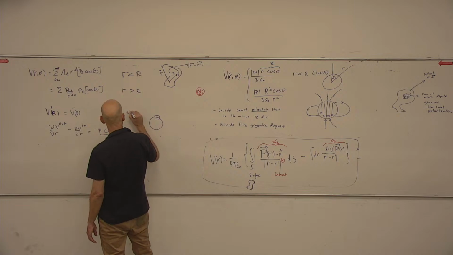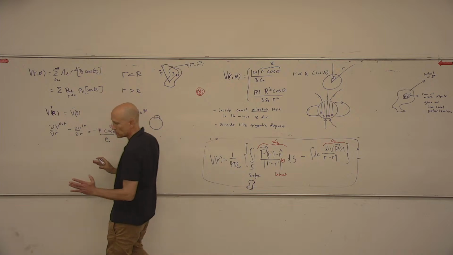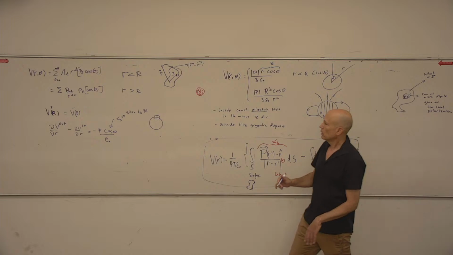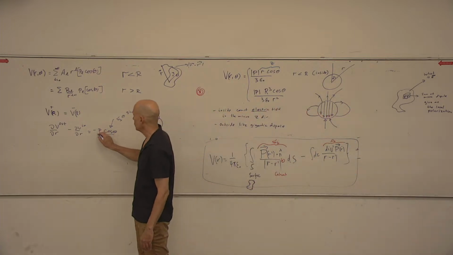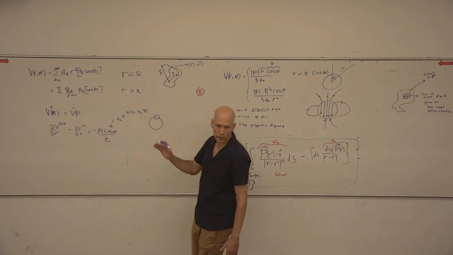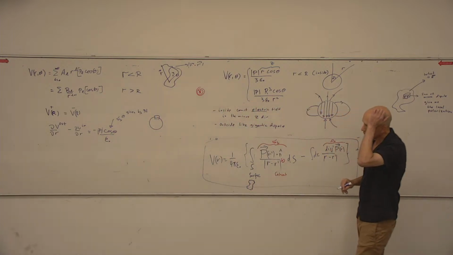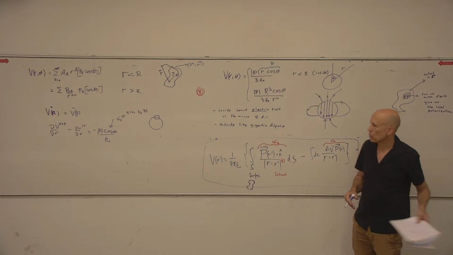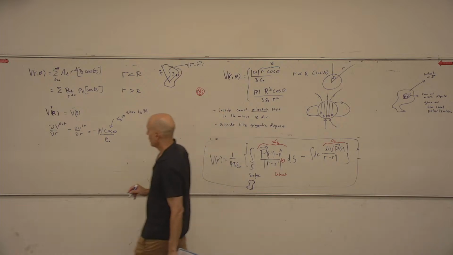I mentioned this, given by polarization and by the theorem that I stated, you need P dot n. P dot n was, in absolute value, P cosine theta, and you can think about the sign. And then solving it is easy to show, and I'm not going to show it.